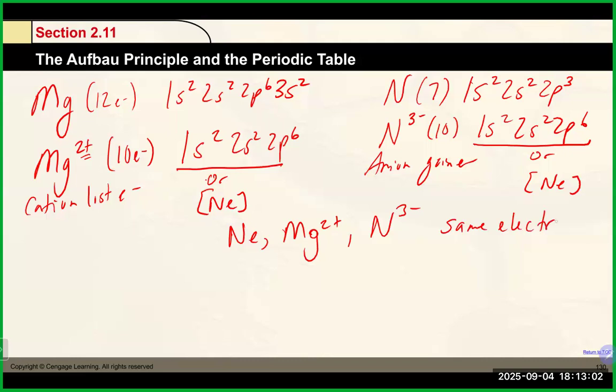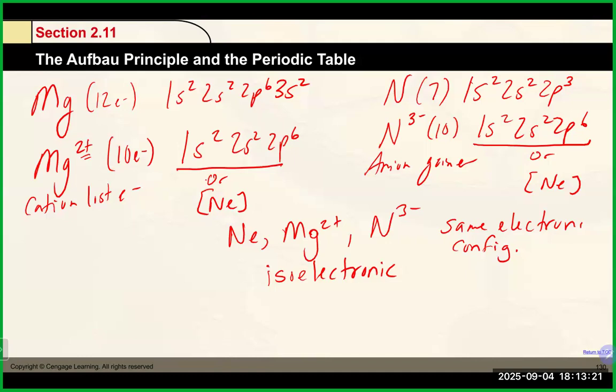And when things have the same electron configuration, that is what is known as being isoelectronic with each other. So something's isoelectronic, it means it has the same electron configuration as something else.